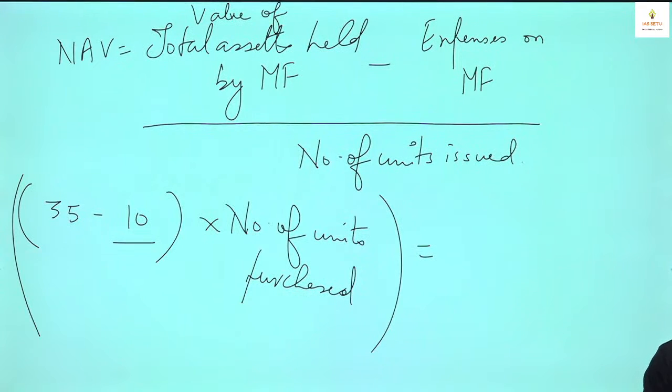NAV of mutual fund is value of all assets held by the mutual fund minus the expenses on managing the mutual fund divided by number of units issued.